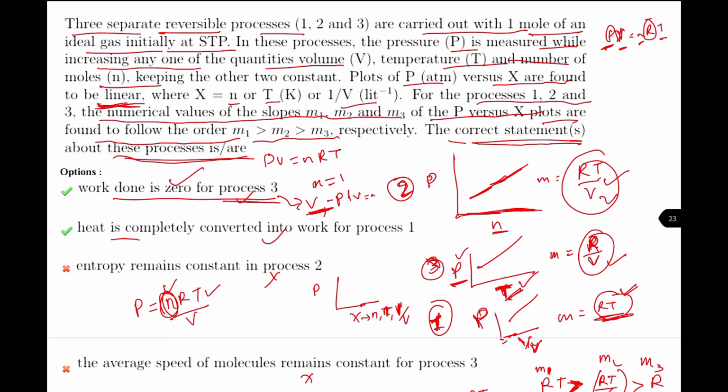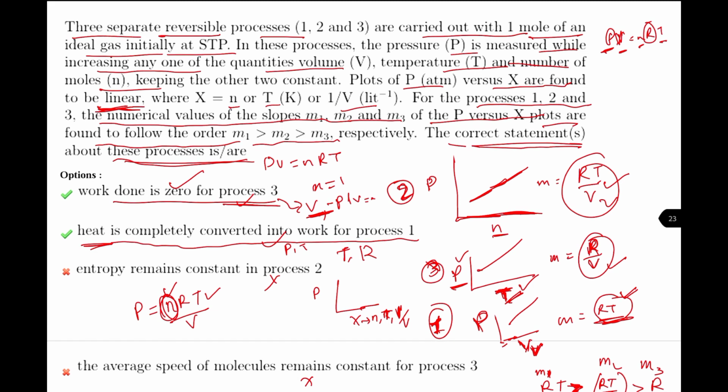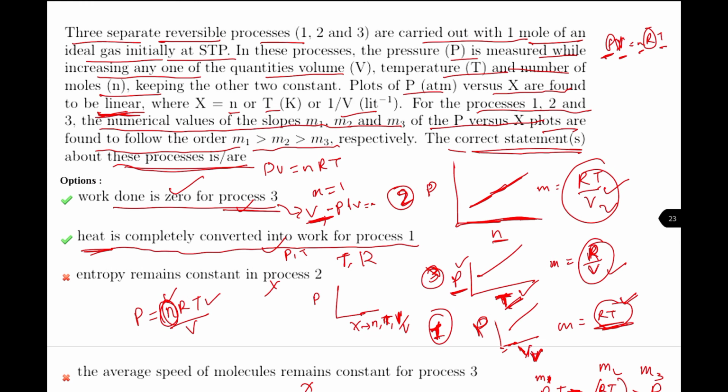Second is heat is completely converted into work for process 1. Process 1 is P versus 1 by V. Temperature is constant and R is definitely a constant. So all we are changing is P and V. If you keep temperature constant, which is isothermal, then at isothermal change, internal energy change becomes 0.